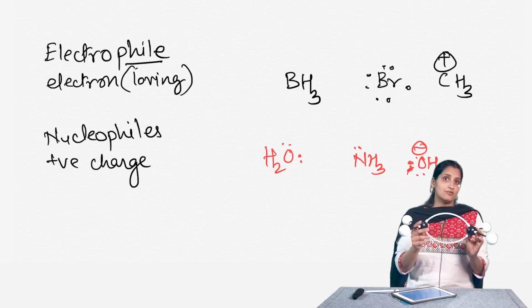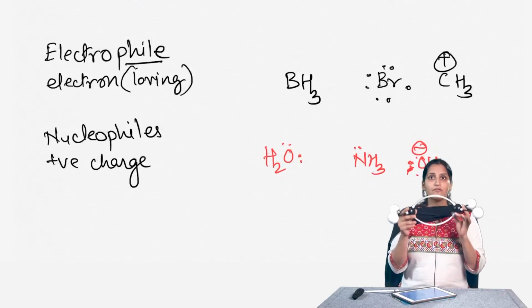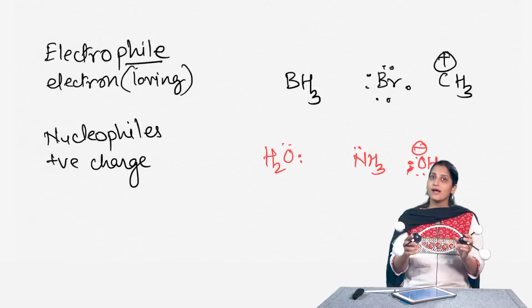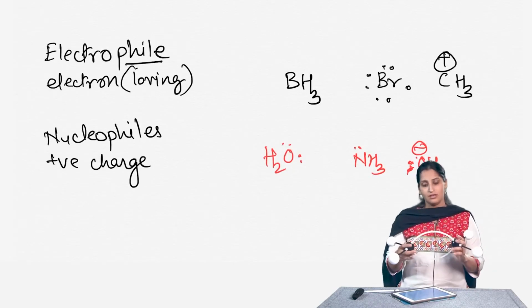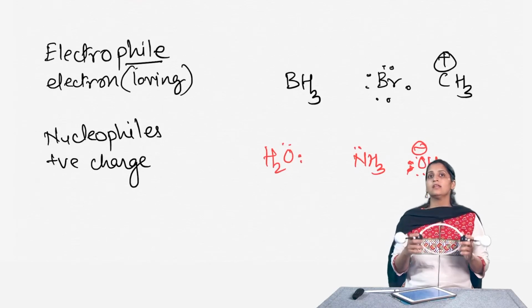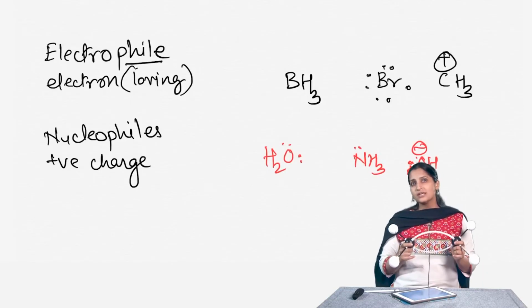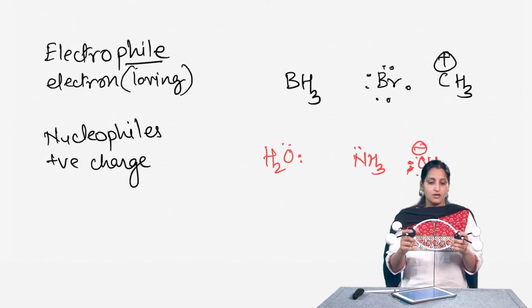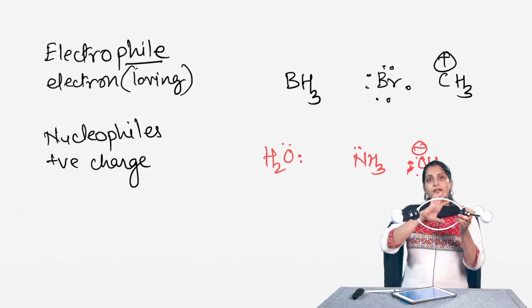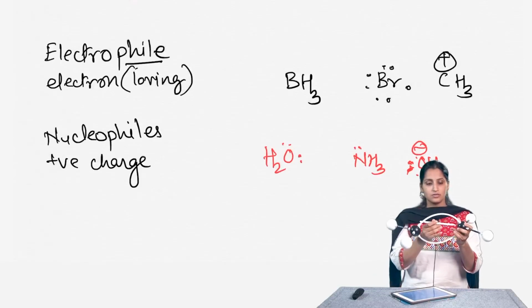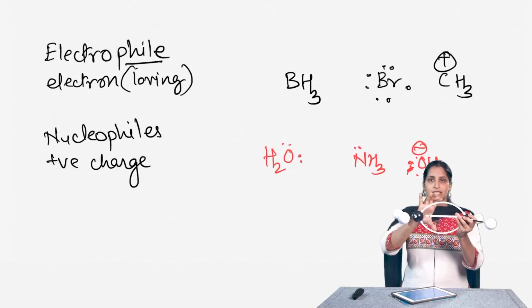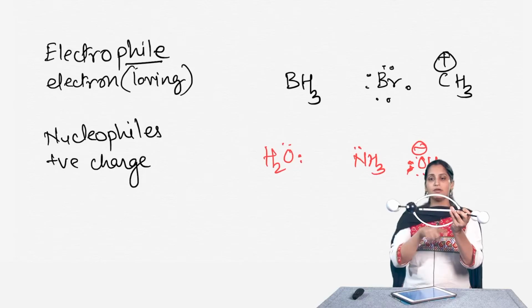So, where are the electrons in this molecule? Which part is really going to get attracted to an electrophile? As far as I can see, in an alkene there is no positive charge, so I do not see an electrophile directly. But if I look at the pi cloud here, this is the sigma bond and these are the pi bonds, above and below the plane.